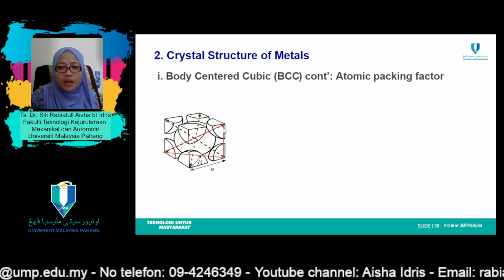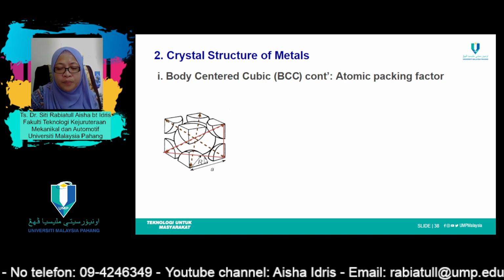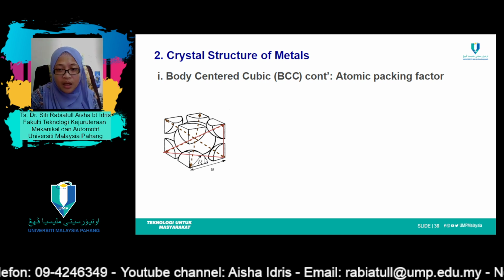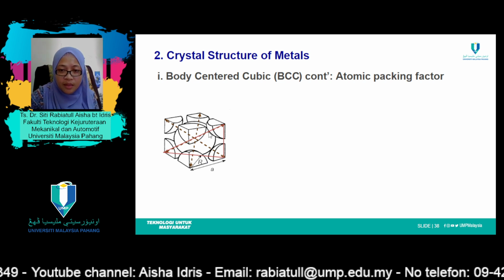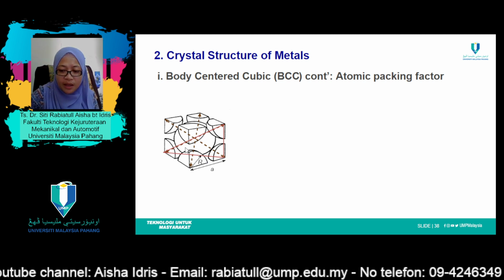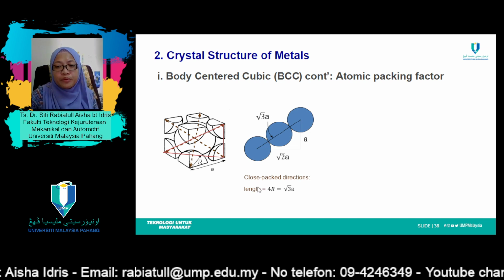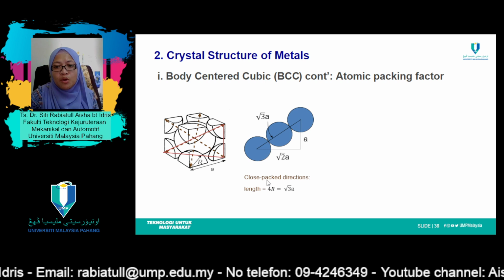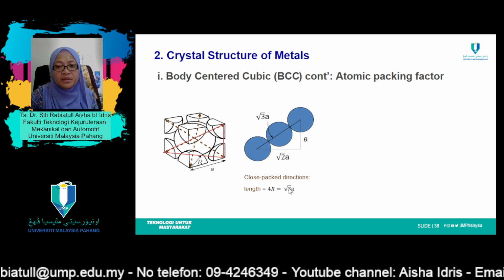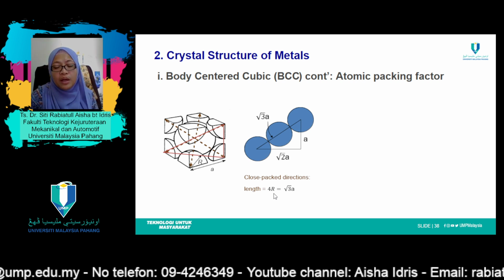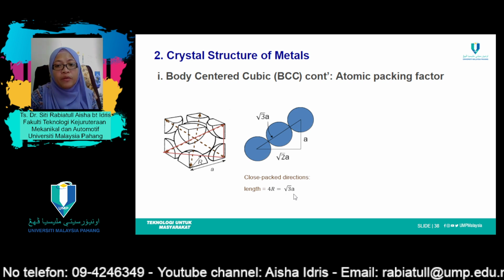So over there you get root 2a, root 2a, and then this side you get root 3a. Okay, so now it's proven. The closed-pack direction length equals 4r equals root 3a. So the radius equals root 3a over 4.